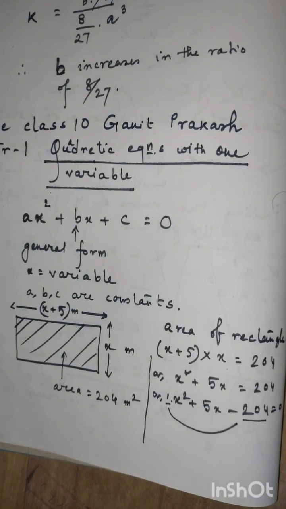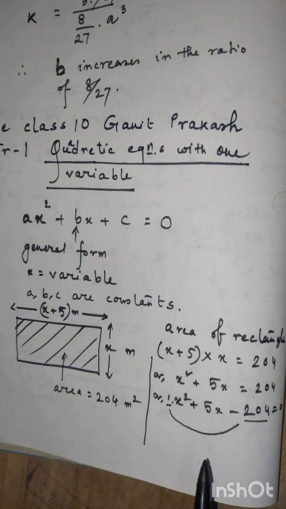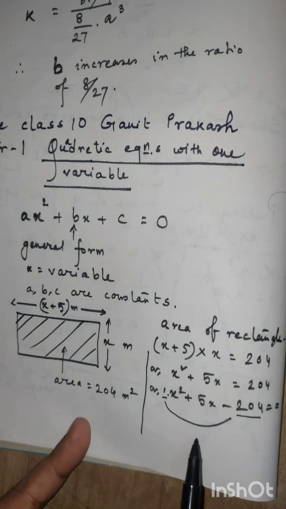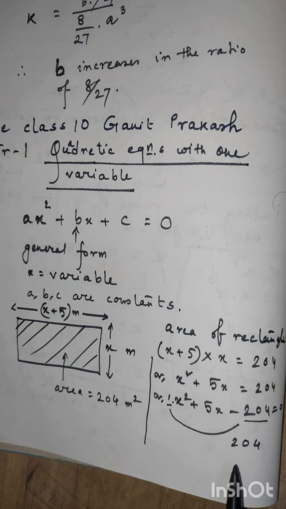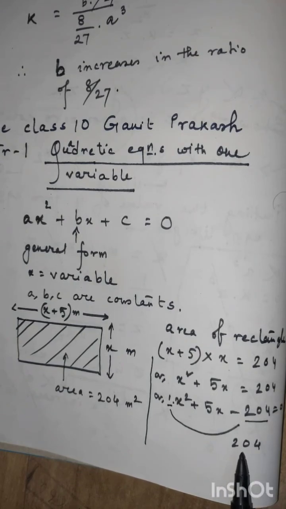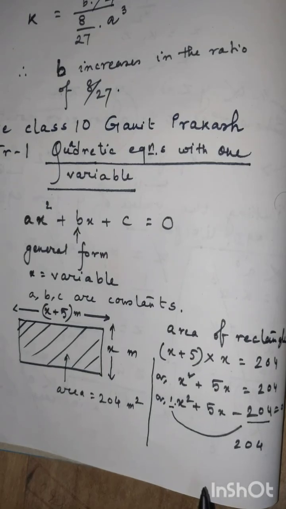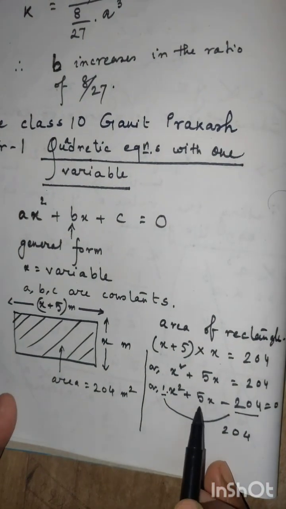So let us write 204. We are going to do prime factorization of 204 and arrange those factors in two places, putting plus or minus in between them, so that we get 5.